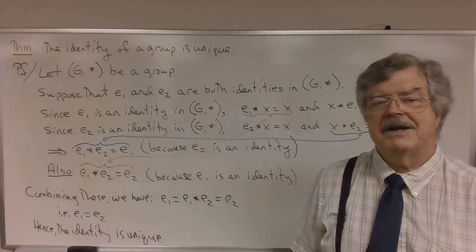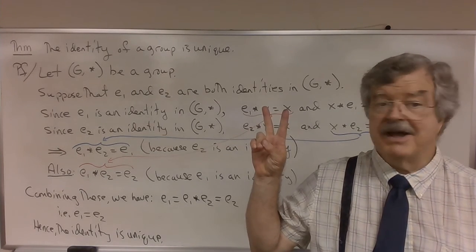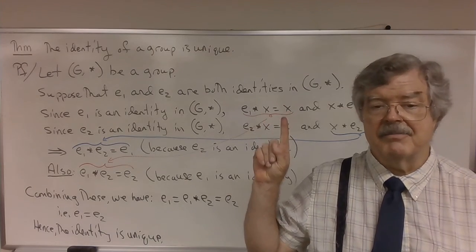So if there are two identities in a group, it turns out they're not distinct identities, they're one and the same. They are unique.